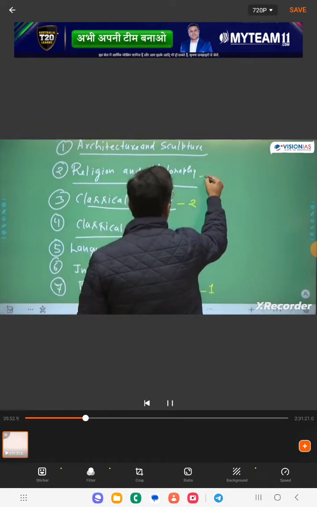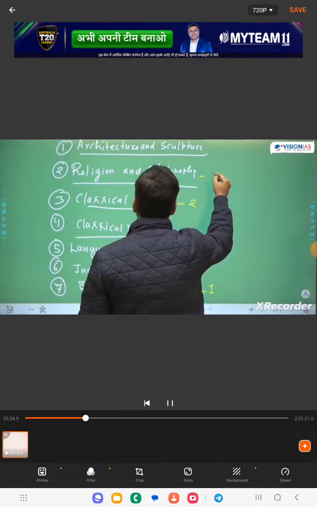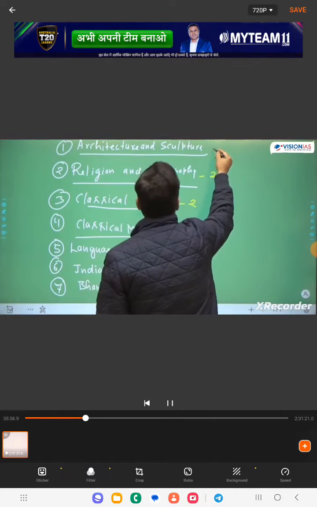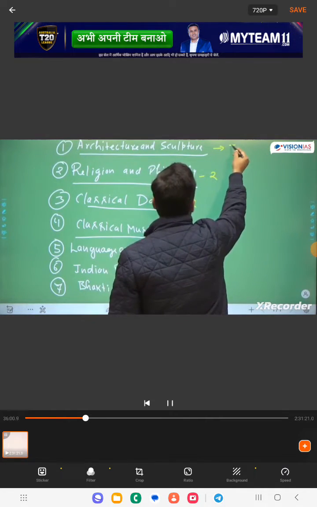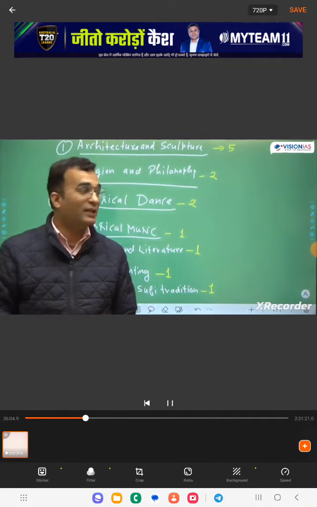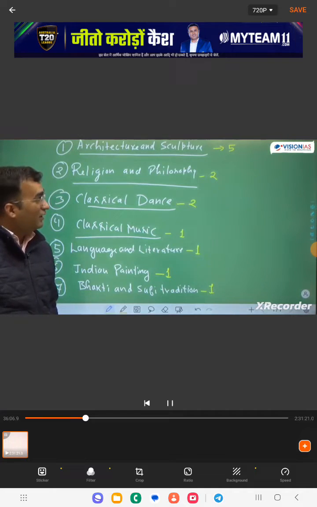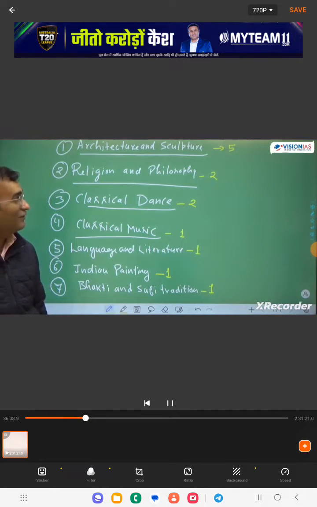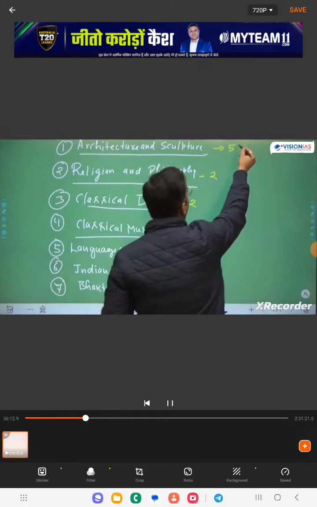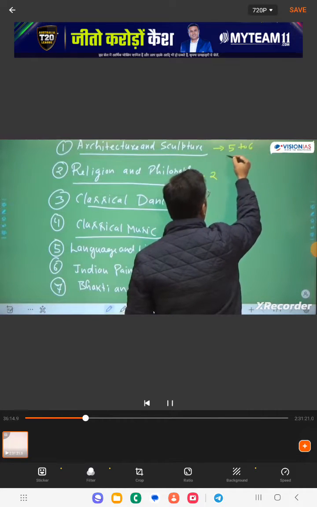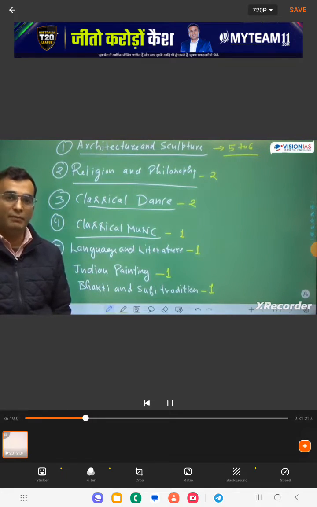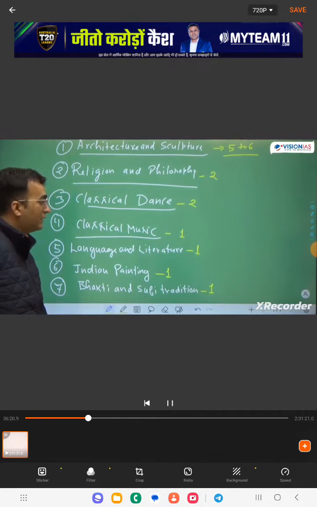Religion and philosophy, it takes 2 classes. And architecture and sculpture, the minimum number of classes I am keeping is 5. But many a times it can go till 7 or 6 also. Okay? So 5 to 6 I will keep this. So that's how 13 to 14 classes may be required in this particular section.